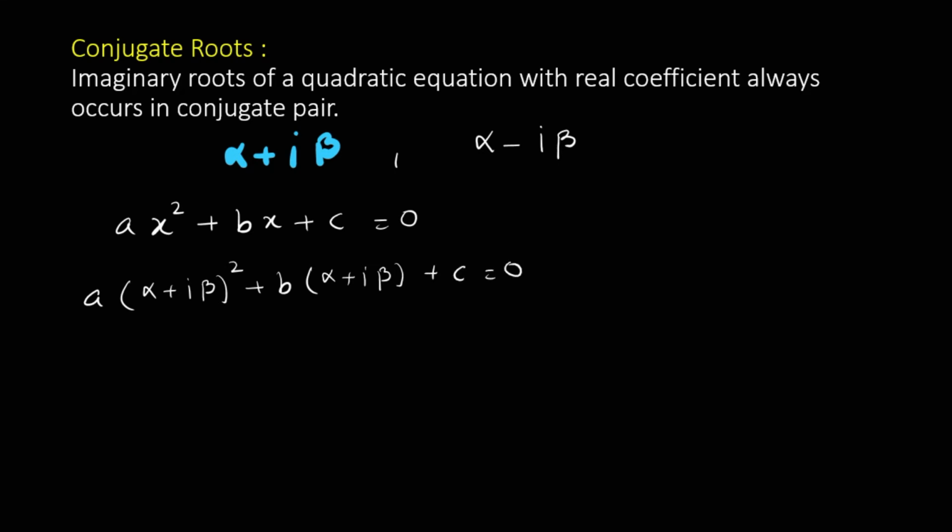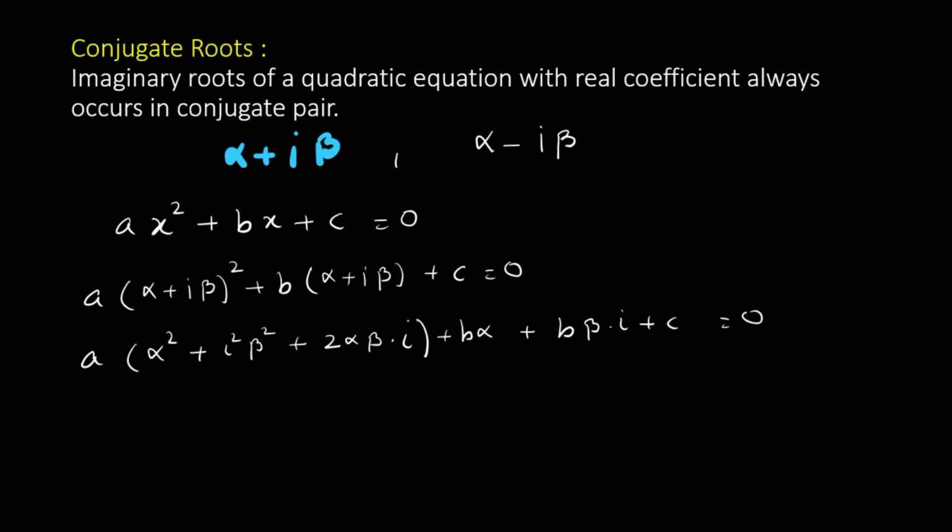Here i is iota, the unit imaginary number, so we can further calculate it: alpha square plus i square beta square, plus 2 alpha beta into i, plus b alpha plus b beta into i, plus c. This is equal to 0.